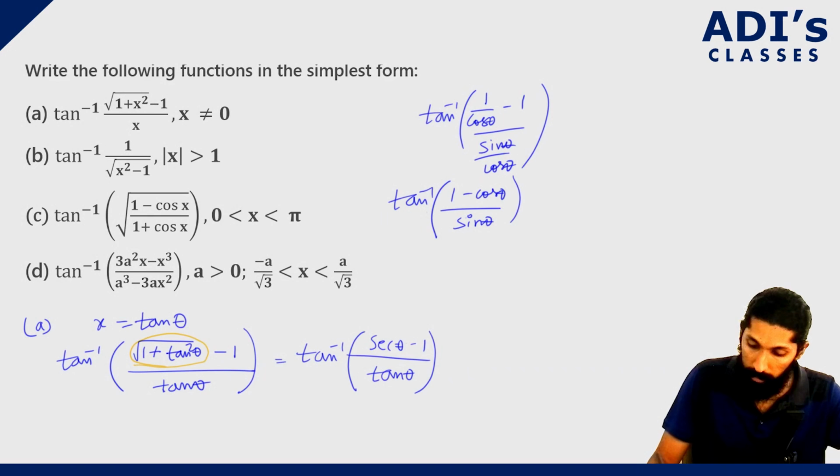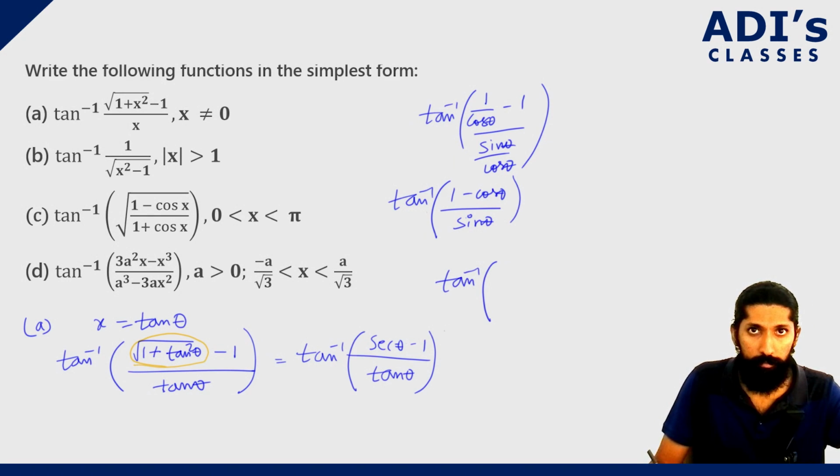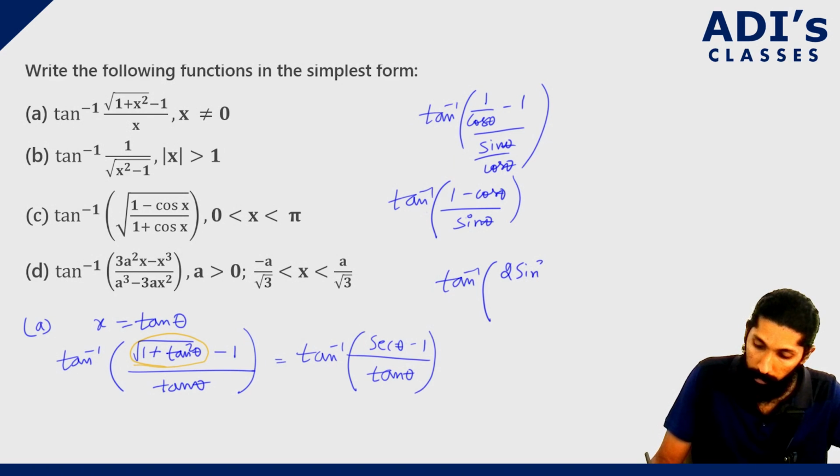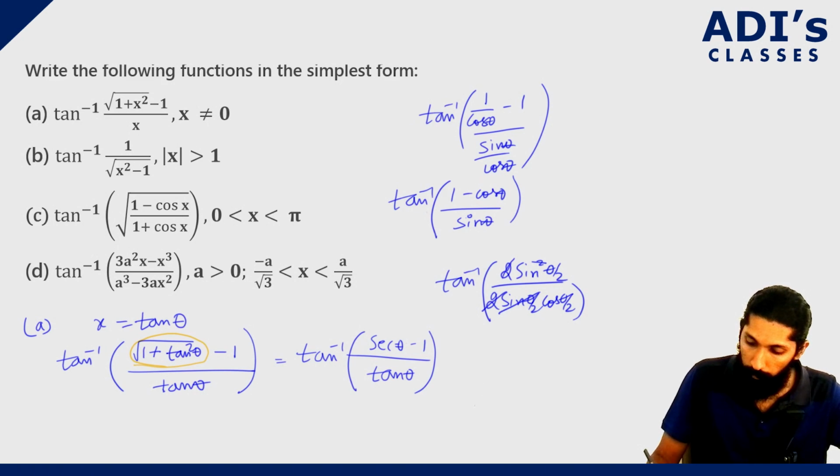This is going to become 2 sine square theta by 2, over 2 sine theta by 2 into cos theta by 2. The 2 cancels, one sine cancels, which finally gives tan inverse of tan theta by 2.